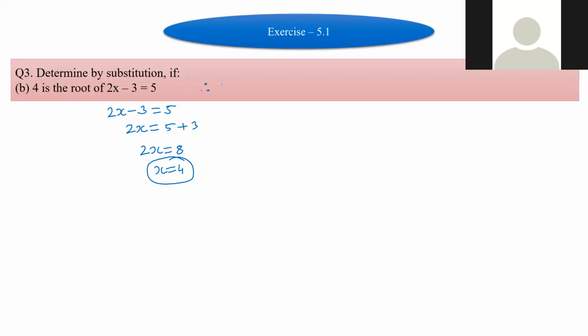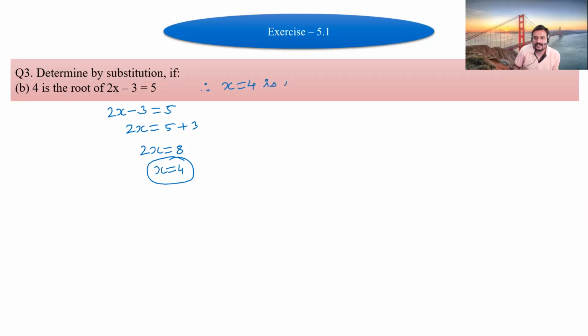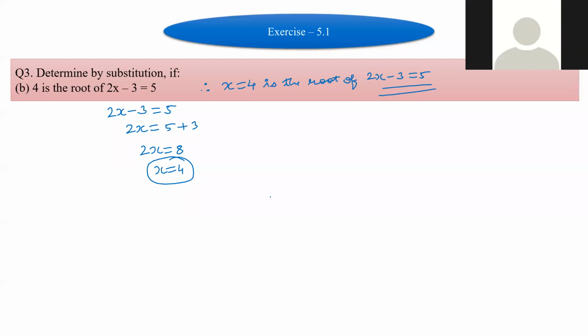Answer: 4 is the root of 2x minus 3 is equal to 5. Okay.